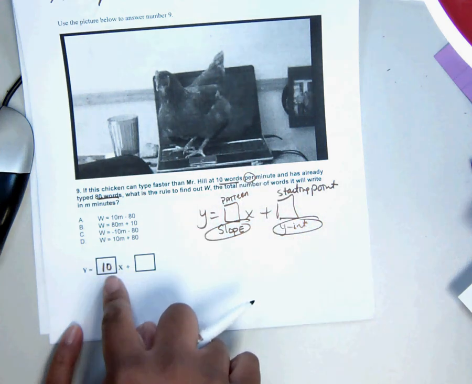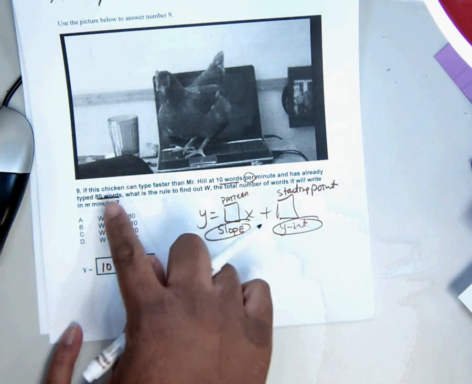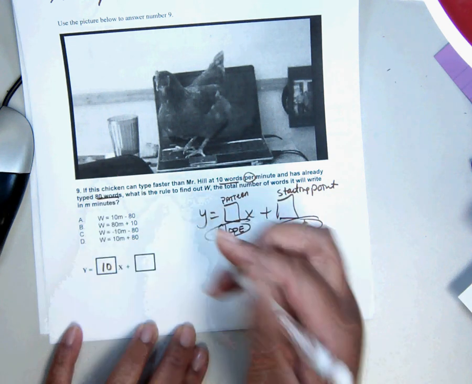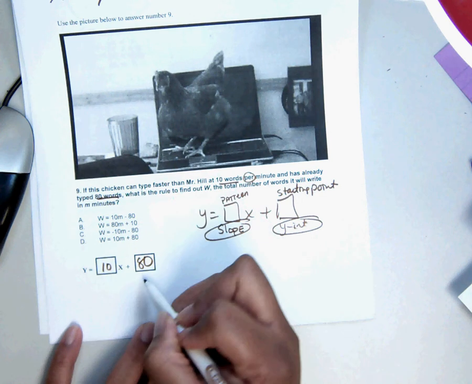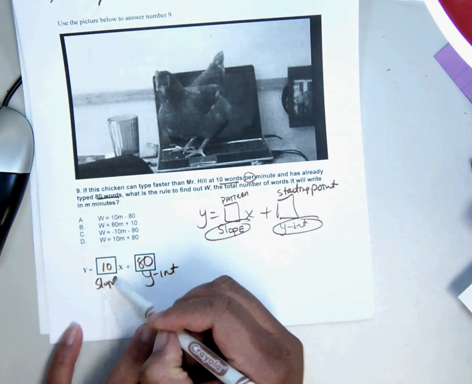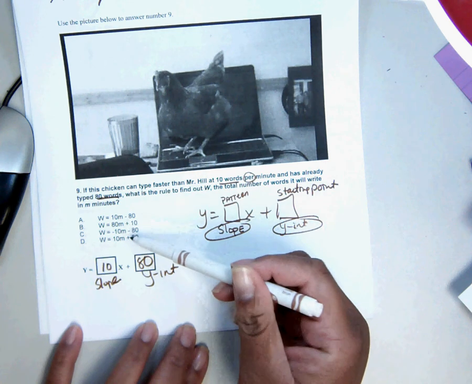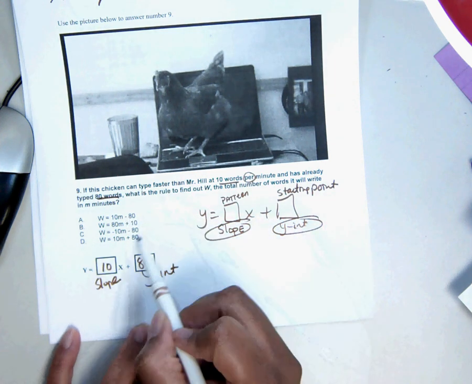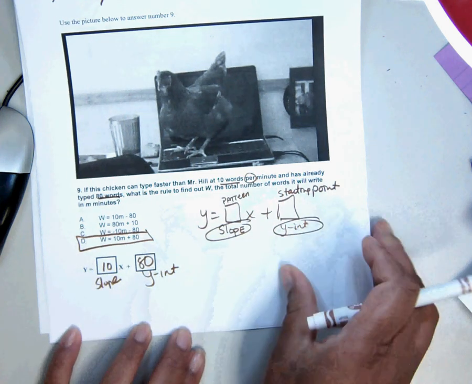And then finally, it says that you already had 80, so that is your y-intercept, meaning your starting point. So this is the y-intercept, this is your slope, and can you see which answer it would be? No. There you go. Moving on.